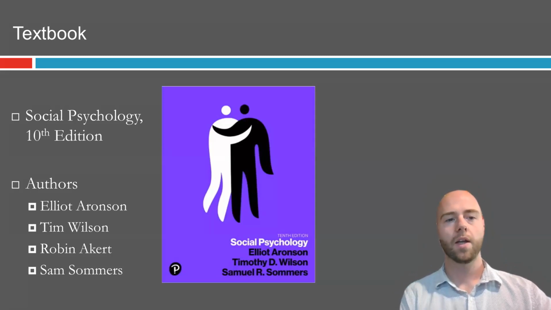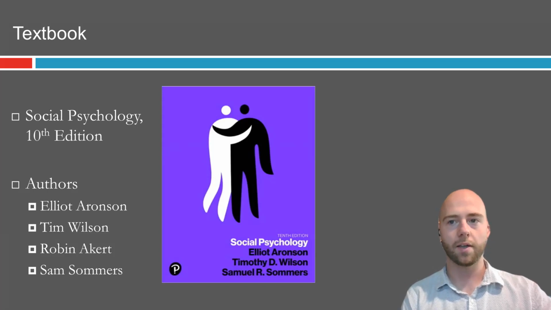So this is our textbook, Social Psychology, the 10th edition. On the book, there are 3 authors listed, and you'll notice that I have 4 listed here on the slide. The reason for that is for the first 8 editions, I believe, of the book, the authors were Aronson, Wilson, and Akers.